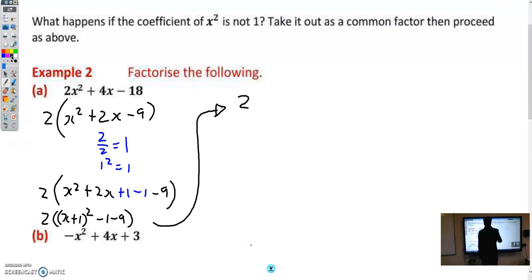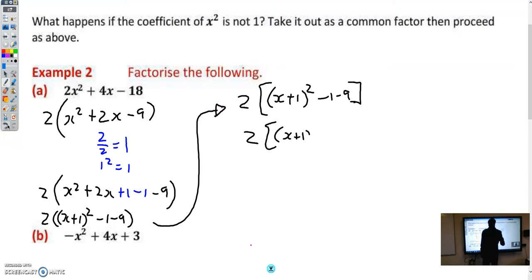So we have 2, I'll use square brackets to indicate the outer brackets. We have x plus 1 squared minus 1 minus 9. Simplifying our constants, we have 2 outside of x plus 1 squared minus 10.